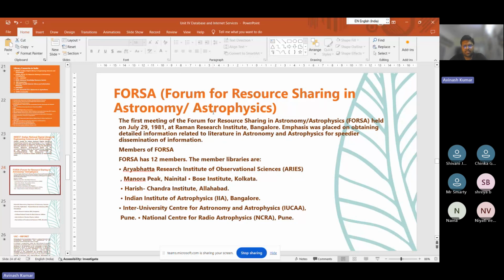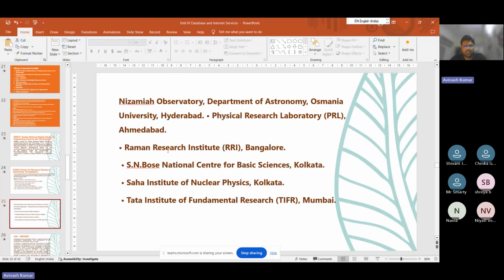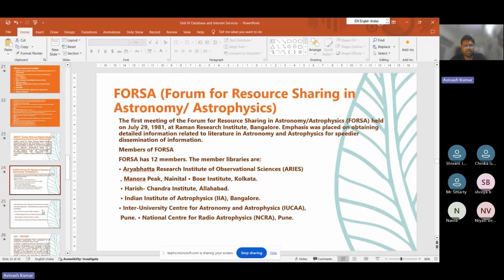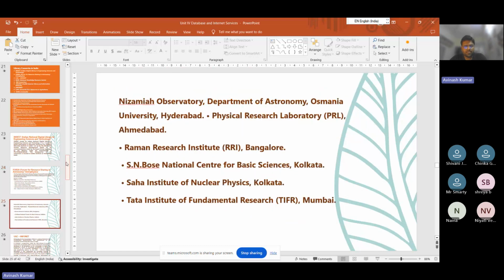From this slide you can take basic information: what FORSA is, how it works, how many members it has and what its date of establishment is. And these are the members of FORSA.